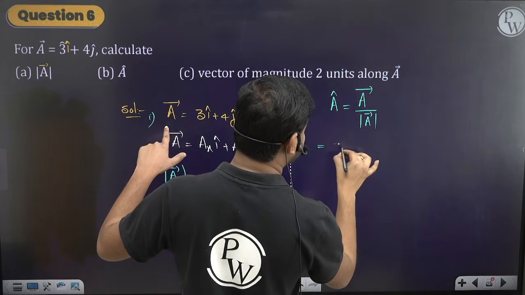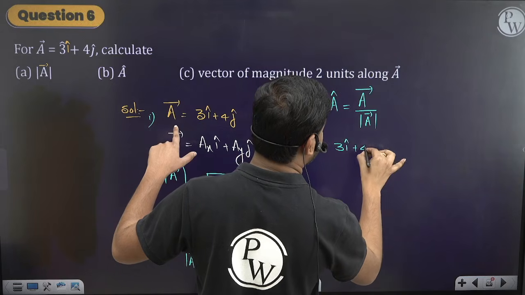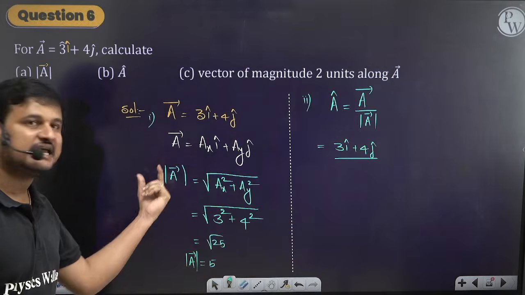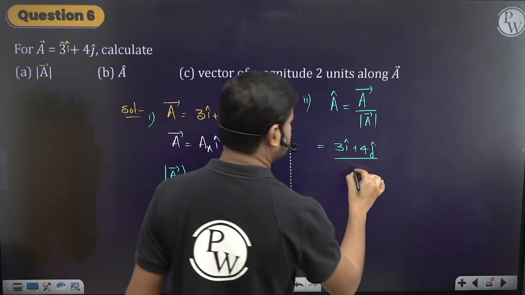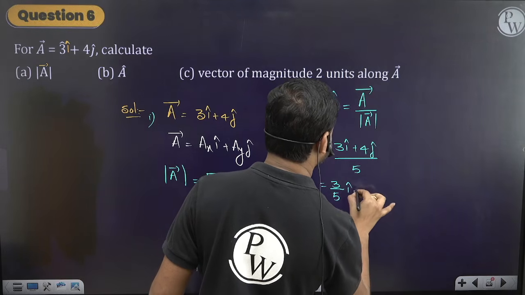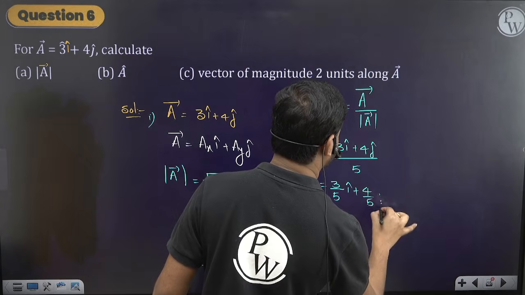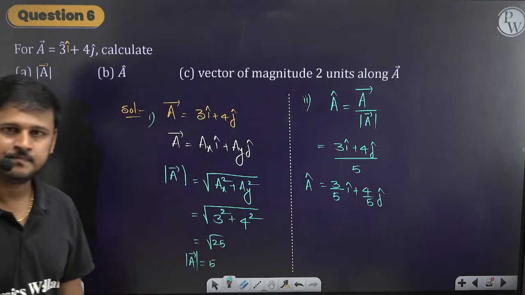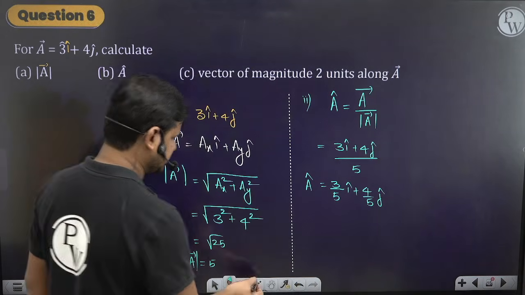Vector A is 3 i cap plus 4 j cap, divided by the magnitude of vector A, which we have already got as 5. So I can simply write this as 3 by 5 i cap plus 4 by 5 j cap. This is the unit vector, that's it. You need not do anything further. Okay, sure. Next.